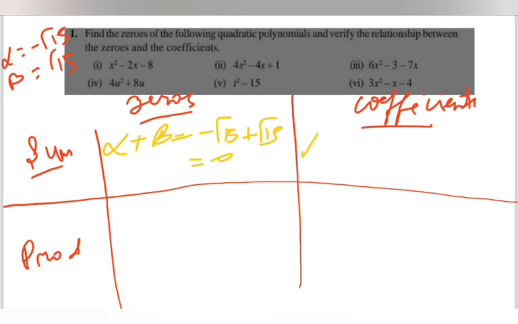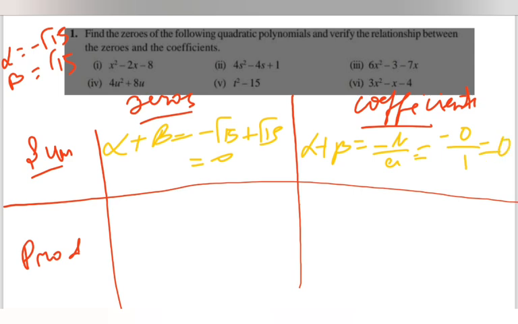If you take coefficients, the formula is minus b by a. Here we took b as 0, so bx is equal to 0 t, so that will be equal to minus 0. Here a is 1, so there is no need to divide, because the coefficient of x square is 1. So 0 by 1 is equal to 0.